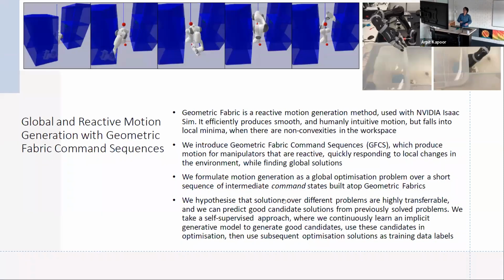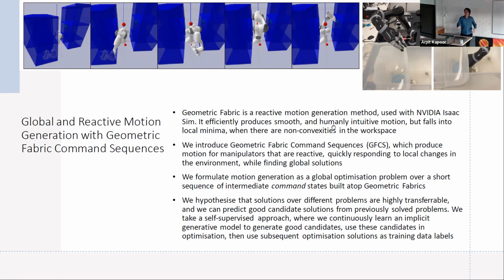Okay, so the last topic that I want to talk about is a method called geometric fabric command sequences. This was done when I was interning at NVIDIA Research. Geometric fabrics is a reactive motion generation method.